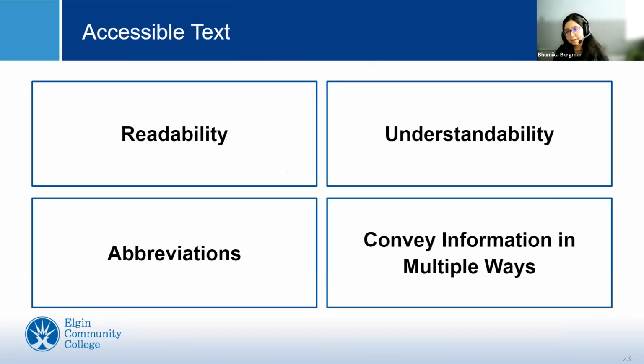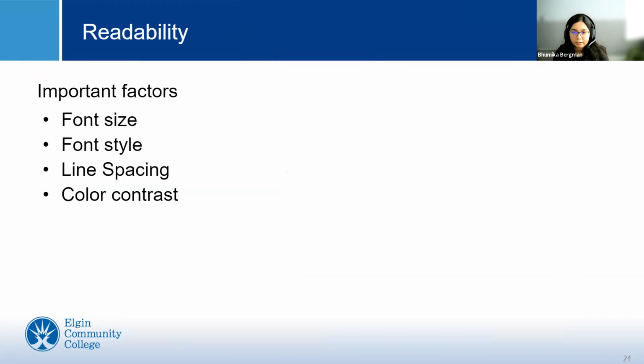So first, let's look at accessible text. I want to cover 4 basic principles. Those are readability, understandability, abbreviations, and conveying information in multiple ways. When it comes to readability, there are multiple factors you can account for. They are the font size, font styles, line spacing, which is the space between the text, and the color contrast.